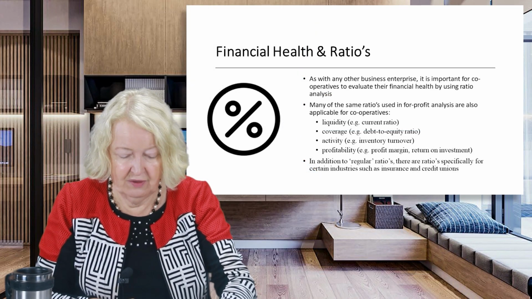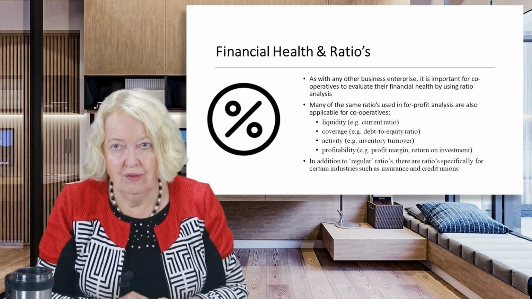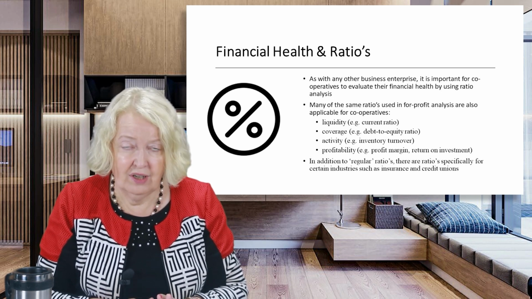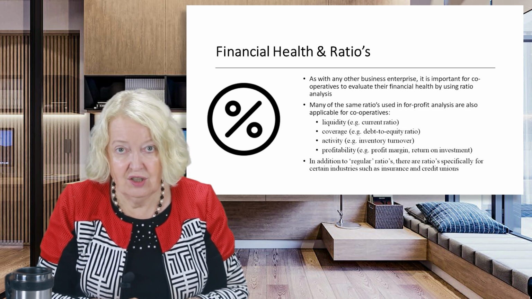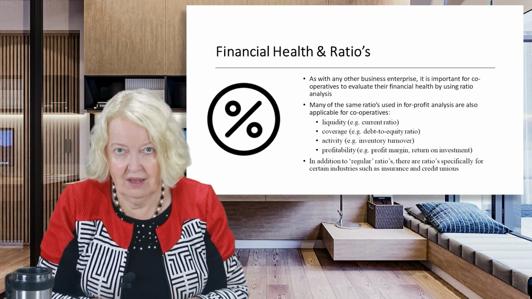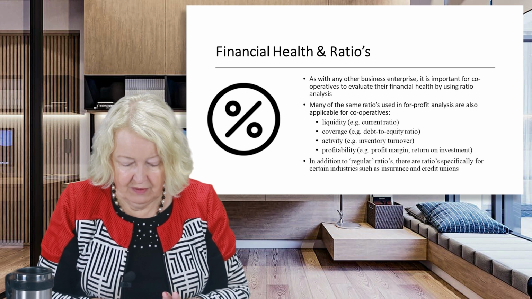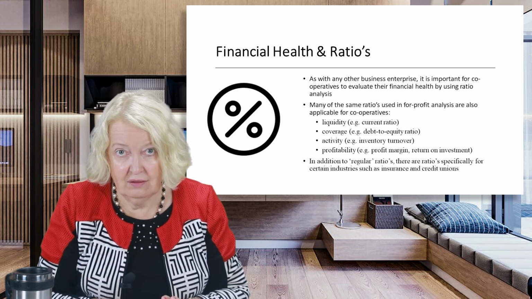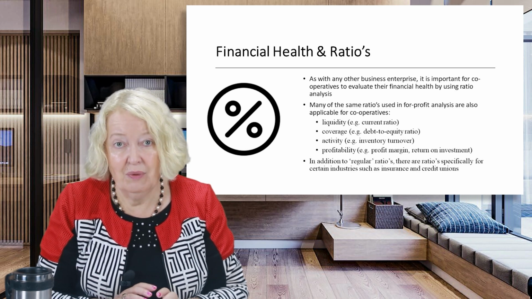So in terms of the financial health, ratios are the number one way to evaluate the financial health of any organization, not just a cooperative. Some of these ratios are used by every type of business that's operating. The main four categories that you should be familiar with are liquidity ratios, for instance, what we call the current ratio.